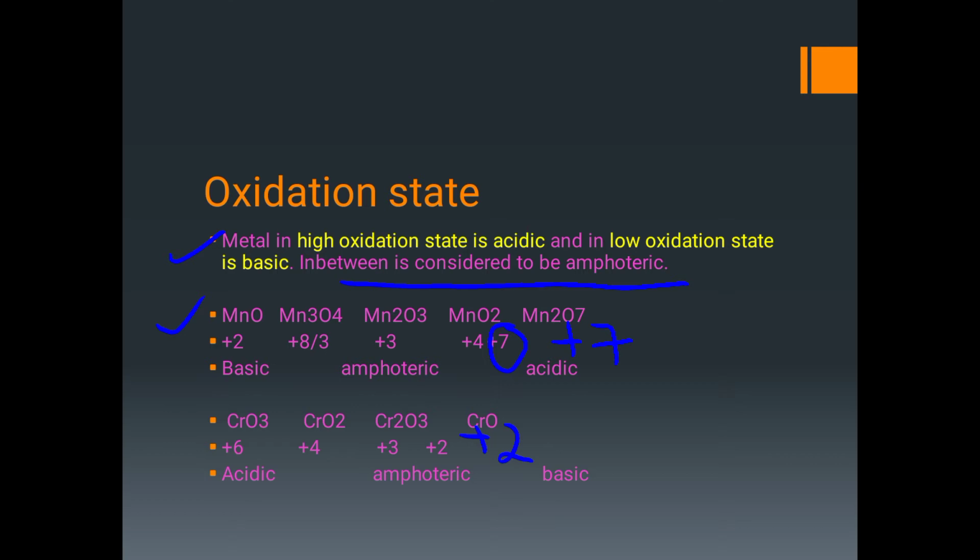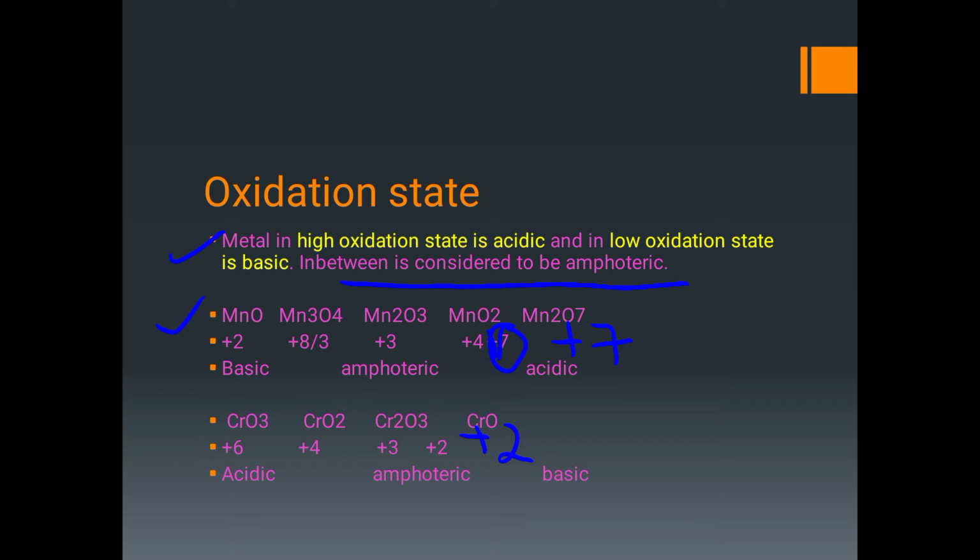Now in this series, you observe that Mn2O7 has the oxidation state +7, whereas MnO has the oxidation state +2, and in between you see the oxidation states +8/3, +3 and +4. So based on this you can make out that Mn2O7 is most acidic, whereas MnO is basic.